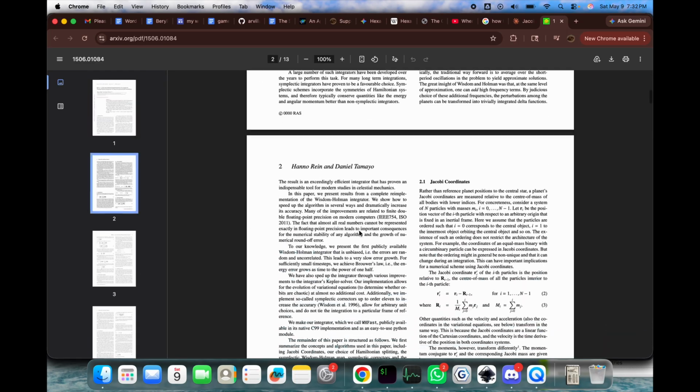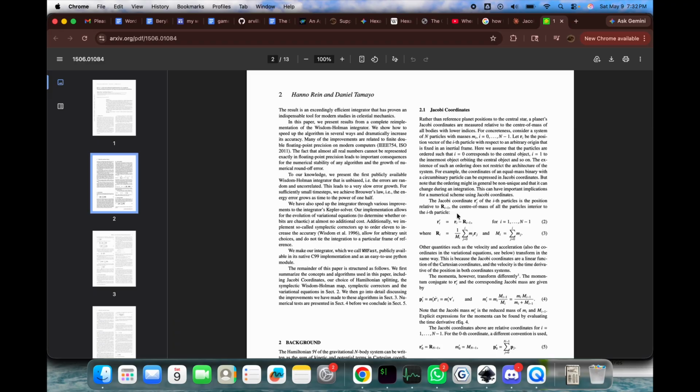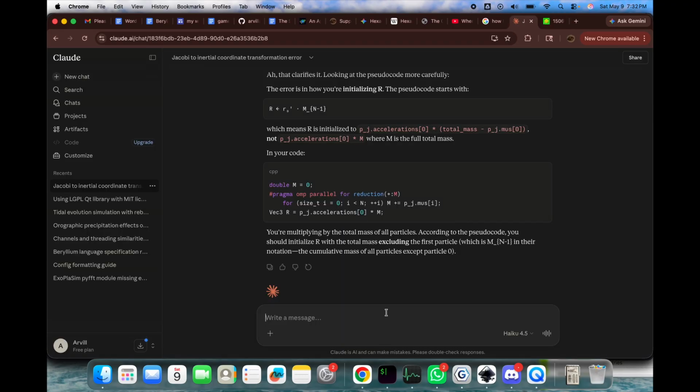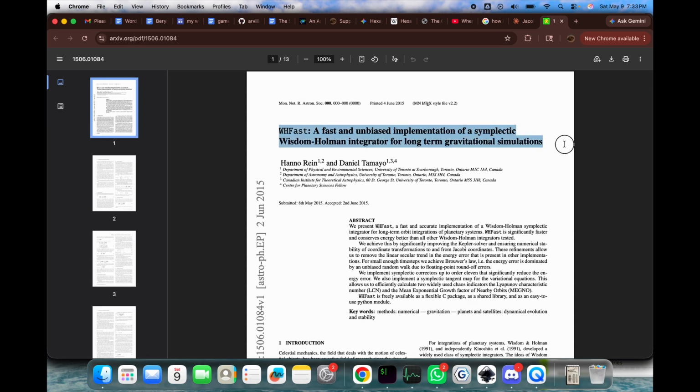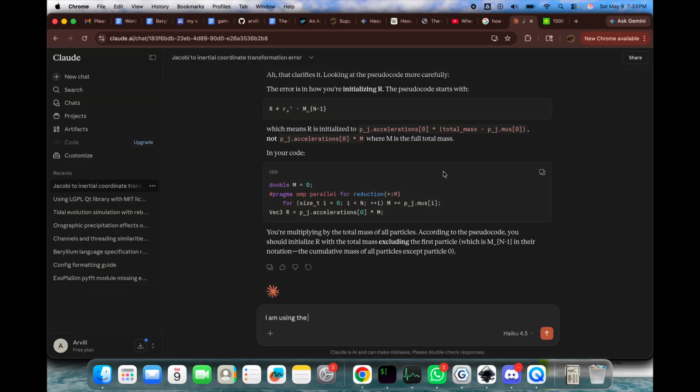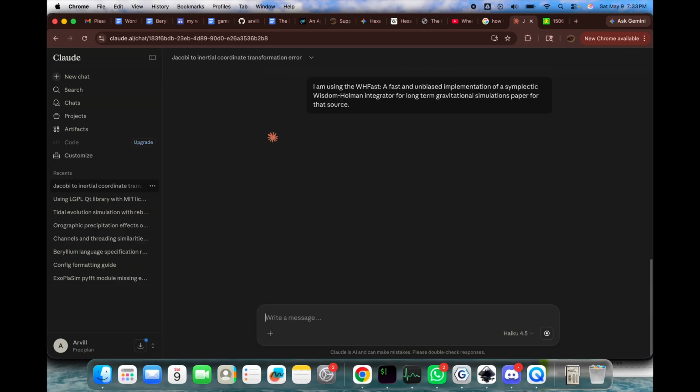Let's check near the beginning to see what the notation here is. Excluding the first particle, I'm just gonna make sure. I'm just gonna send the exact copy here.